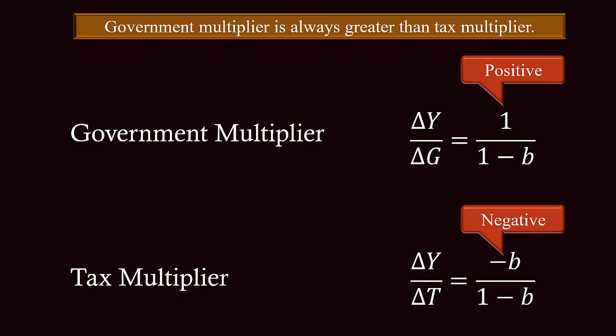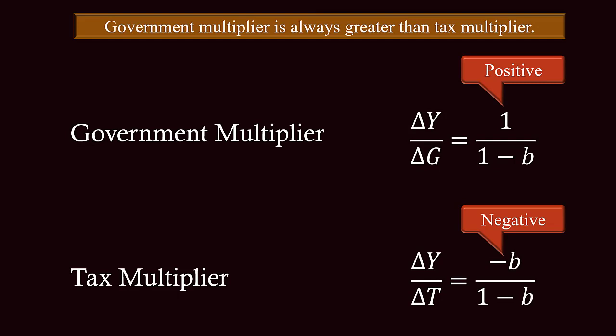But the thing that we have to understand is, whatever be the value of marginal propensity to consume, in absolute terms, government multiplier is always greater than tax multiplier by 1. In absolute terms, I mean ignoring the signs of the multipliers.